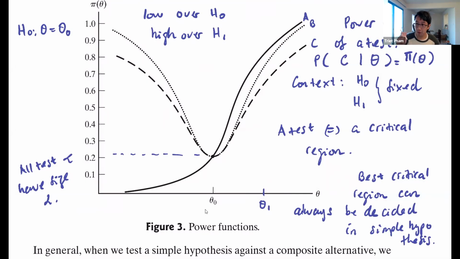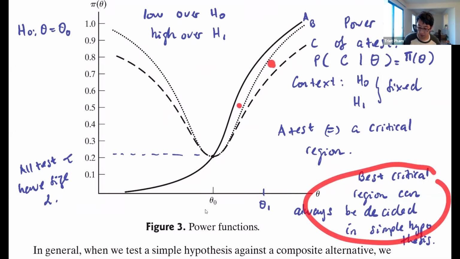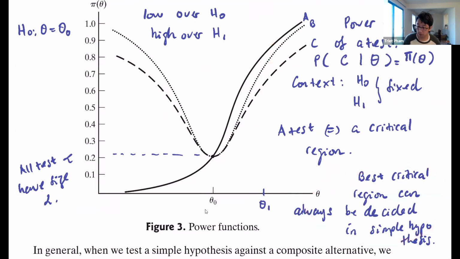Okay, and if you wonder why Neyman-Pearson is stated for simple hypothesis, it is exactly because of this picture. So in case you get confused later on when we discuss Neyman-Pearson about this kind of setup, this is the reason. Any question?